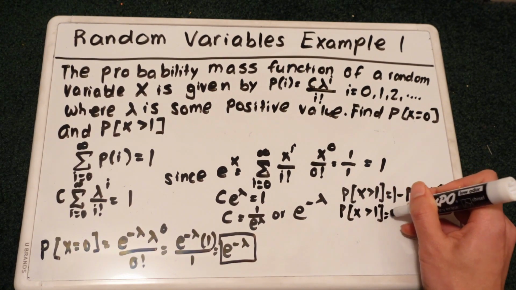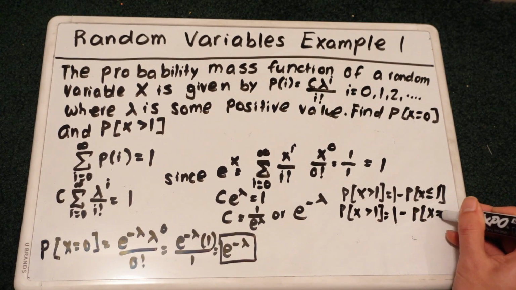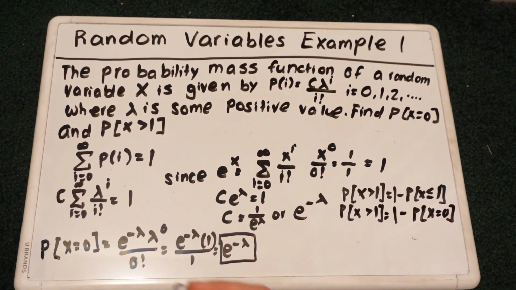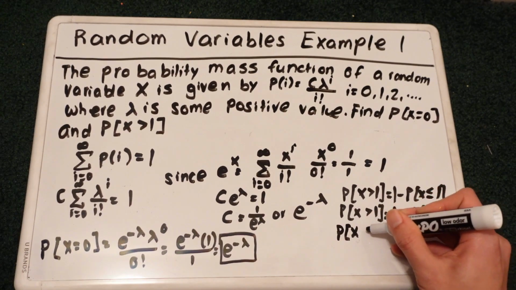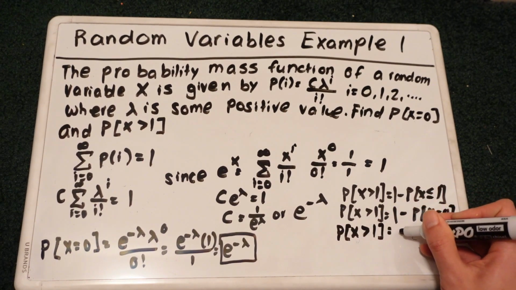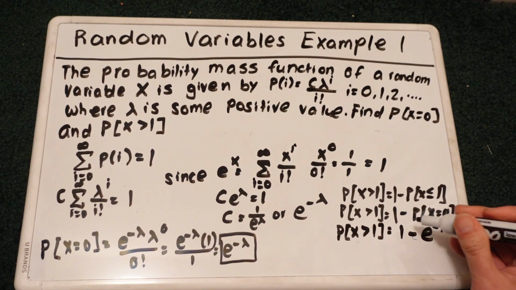In other words, it's just 1 minus the probability of X equal to 0, which is this function over here that we figured out. So really it's just 1 minus e to the negative λ.